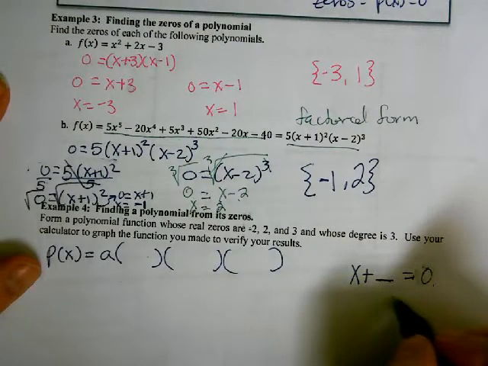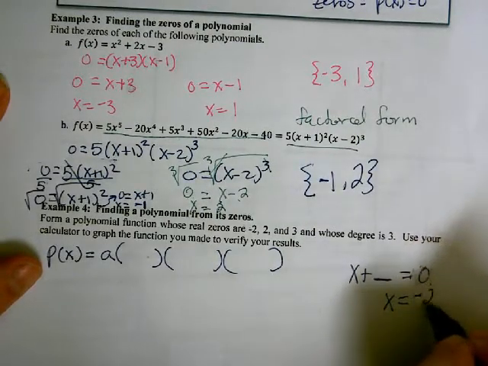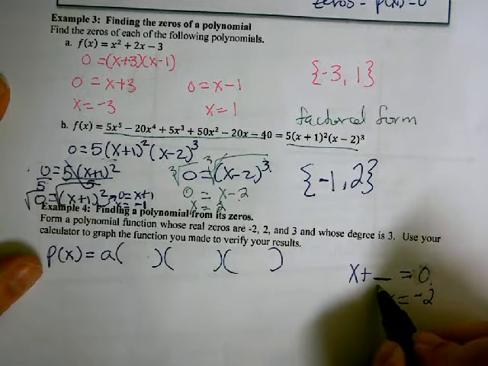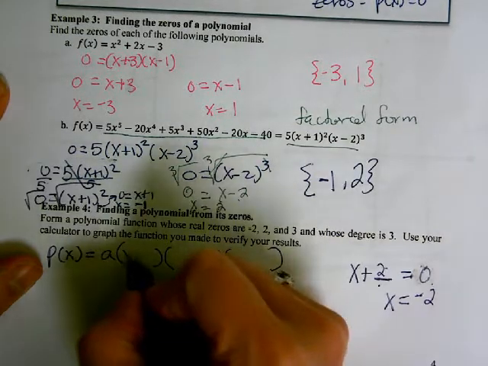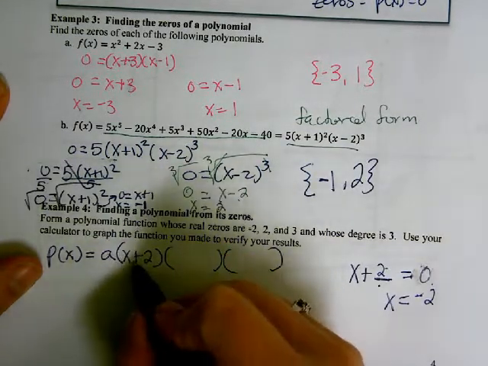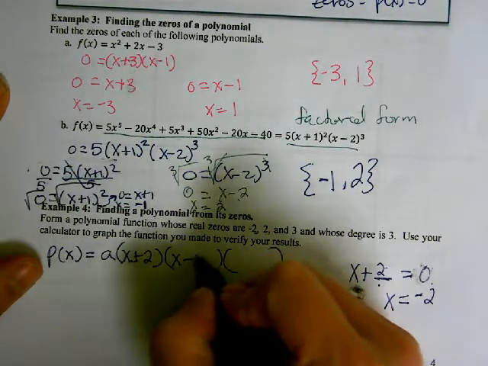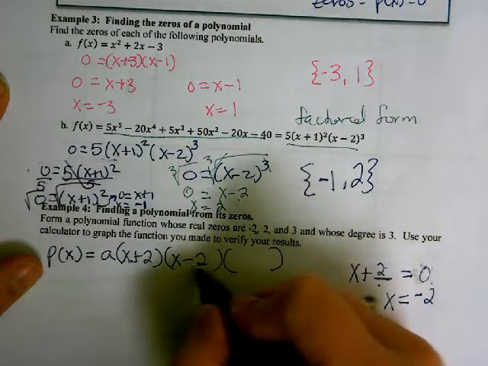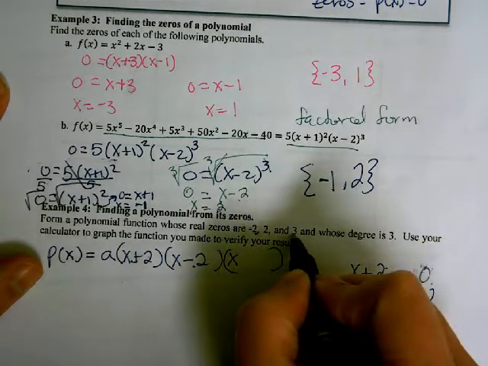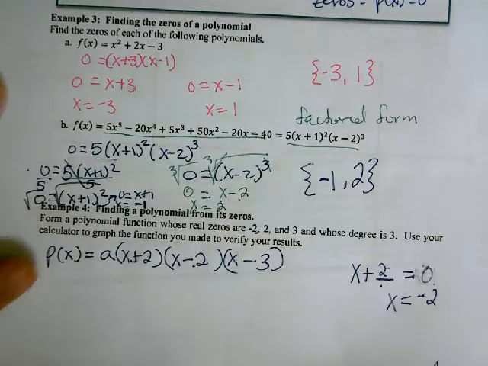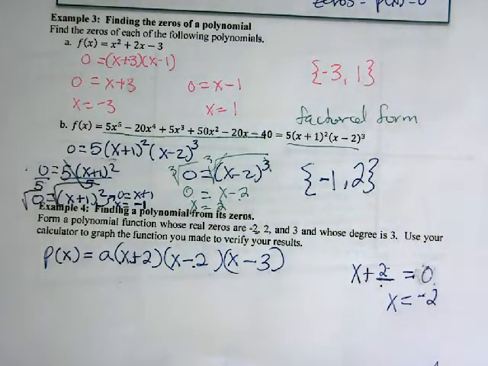I need to know, when I'm done with this, what's going to spit out a negative 2 if it was sitting here? And that's going to be a positive 2. So the factor that matches the 0 of negative 2 is x plus 2. The factor that matches a 0 of positive 2 is x minus 2. And the factor that matches a positive 3 is x minus 3.